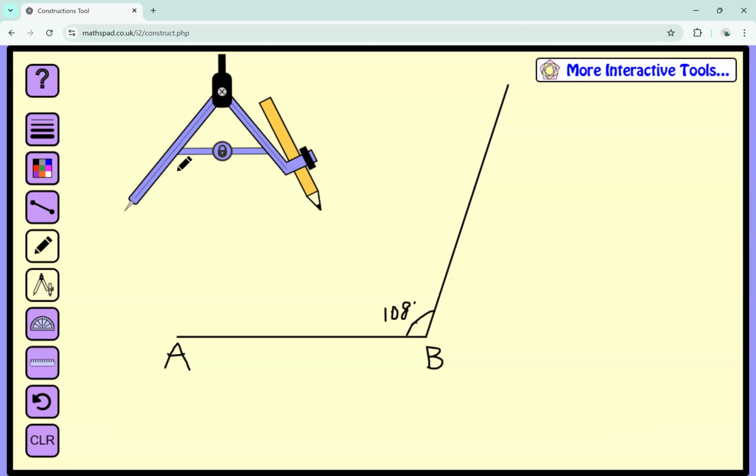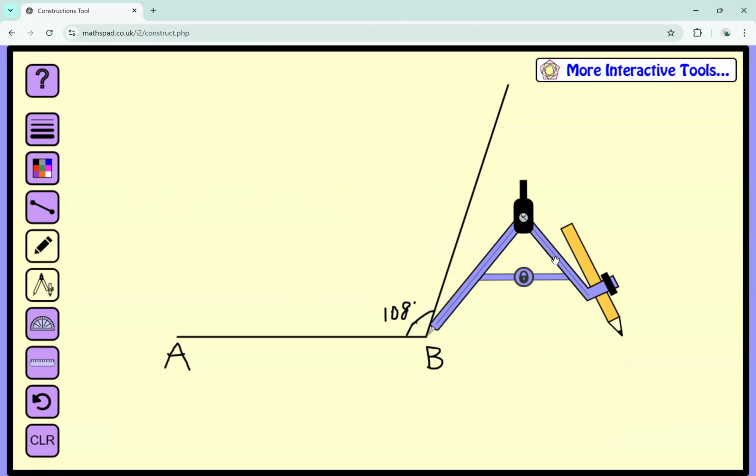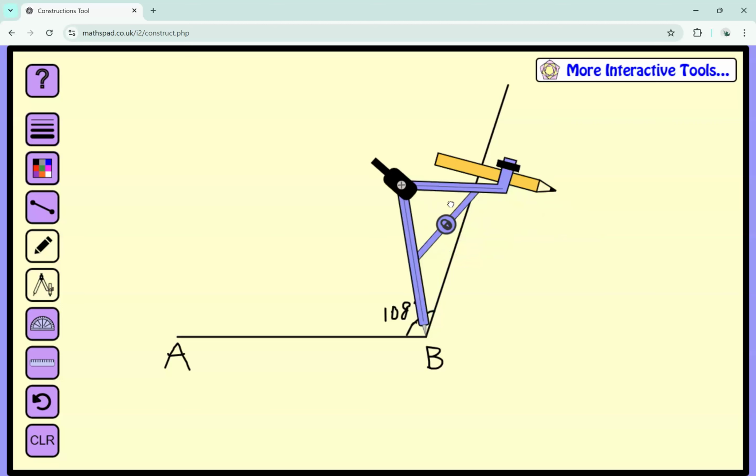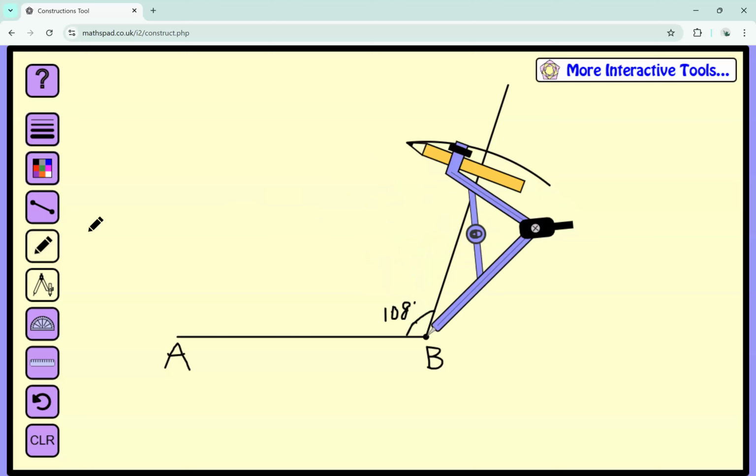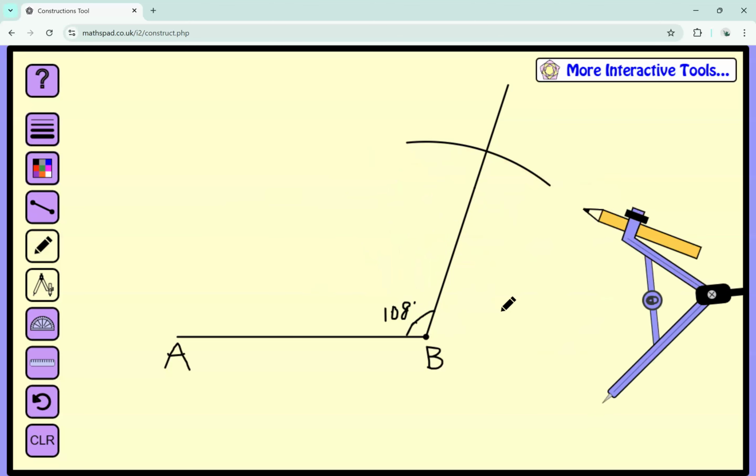Keep the ruler, lock this, put it here, and then just draw. Now you have found point C already. You see angle ABC is 108 and C is 6.2 cm away from B. So this would be point C.